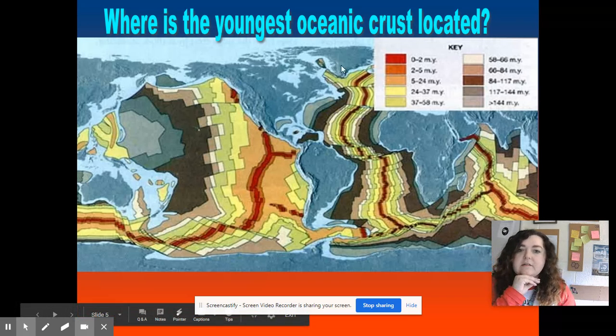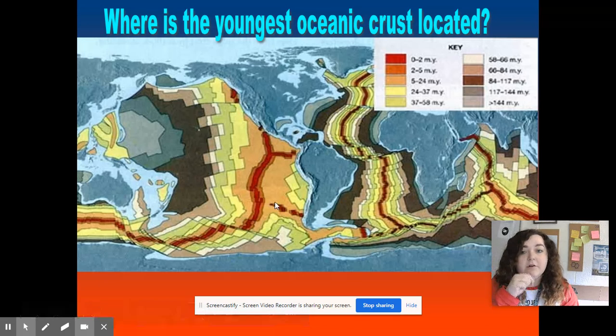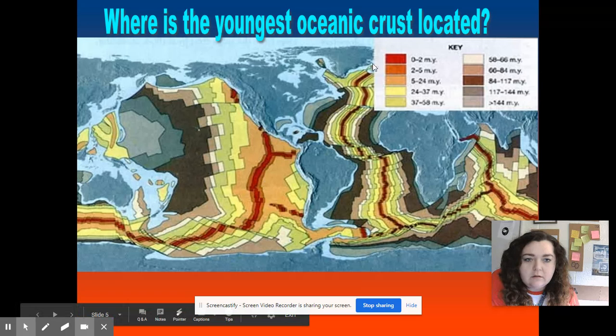This is kind of trippy because we're used to seeing the land color, but here instead the seafloor is colored by age. In the key up here, it shows that red is the youngest, from 0 to 2 million years old. And if we look here, there are certain lines of red.